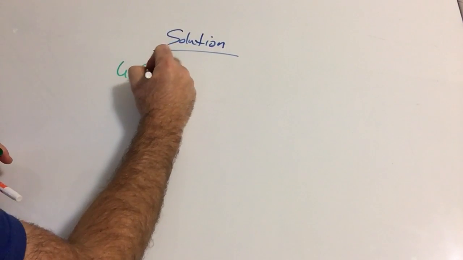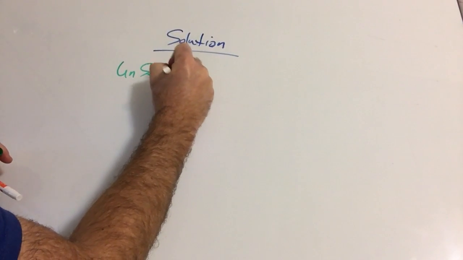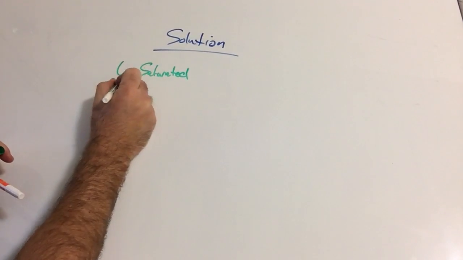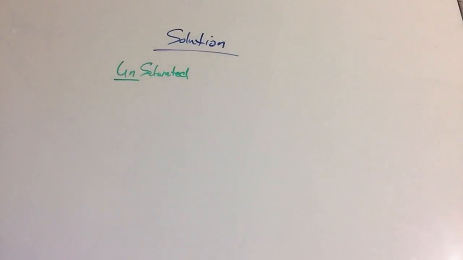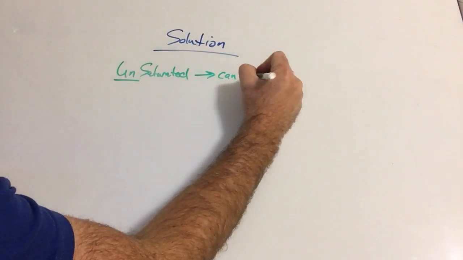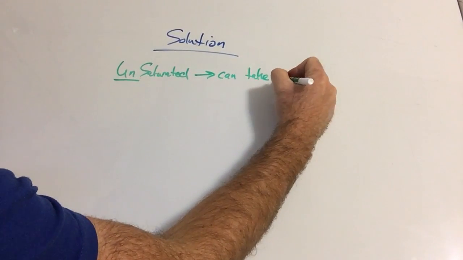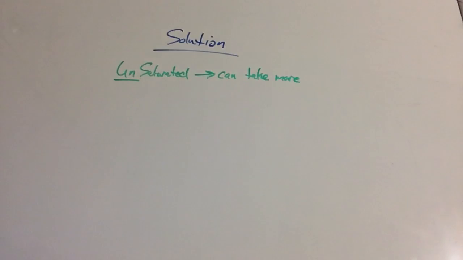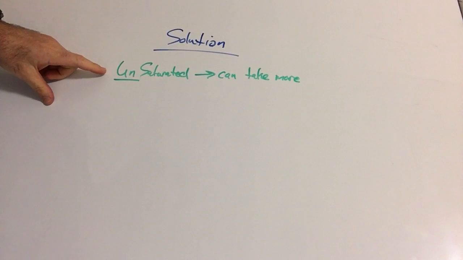Unsaturated. I capitalize the S to make sure that we're keeping the un. Unsaturated simply means can take more. So unsaturated, that would be things like I put a pinch of sugar in my coffee.